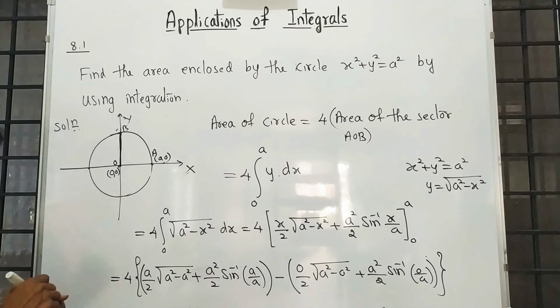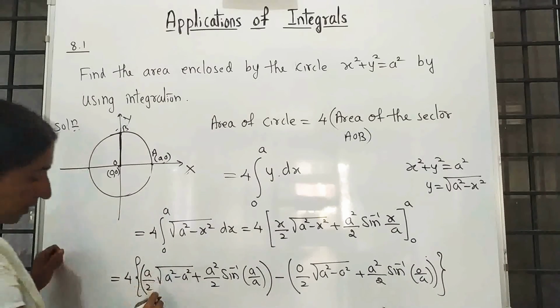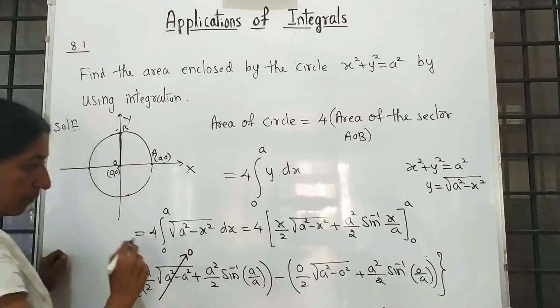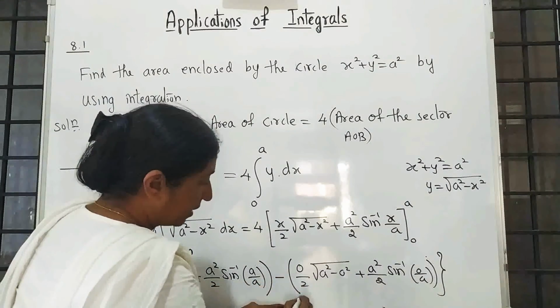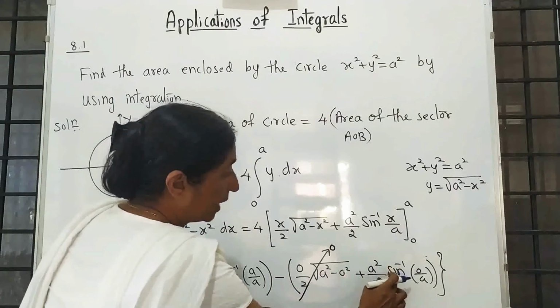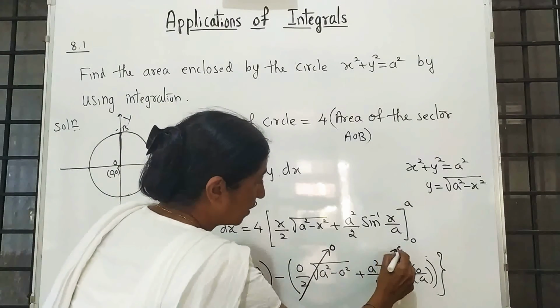If you are thorough in the formula and values, you know that a square minus a square is 0, 0 into anything is 0, and sin inverse 0 is 0.